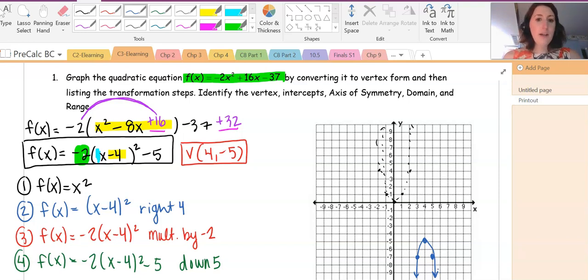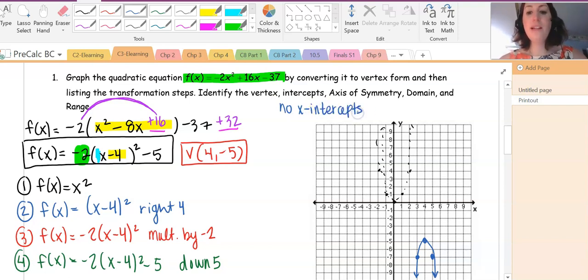Intercepts. All right, what else do we need? Well, the nice thing about graphing this is seeing that we do not have any x-intercepts, right? Because it's been reflected over the x-axis, it's opening downward. So we're just going to say no x-intercepts.